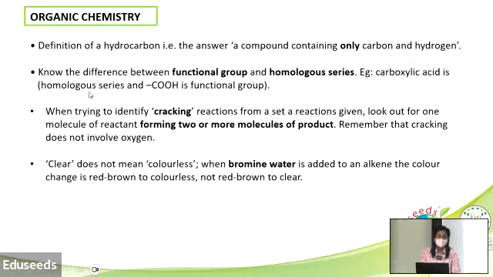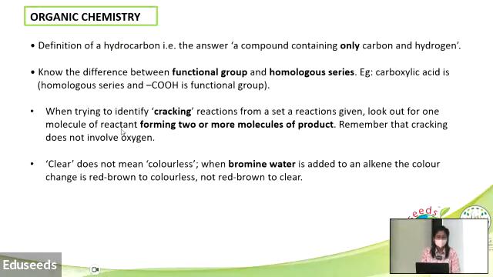Next, you need to know the difference between functional group and homologous series. For example, carboxylic acid is a homologous series and COOH is the functional group. So you need to know what homologous series are present in organic chemistry and their functional groups also.